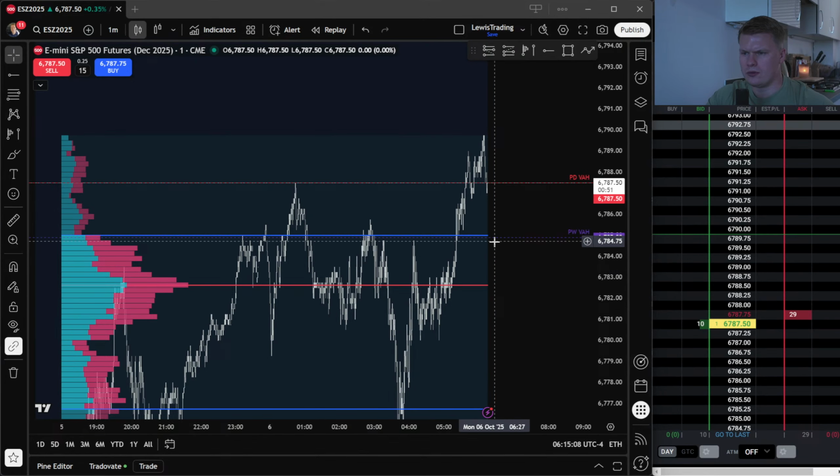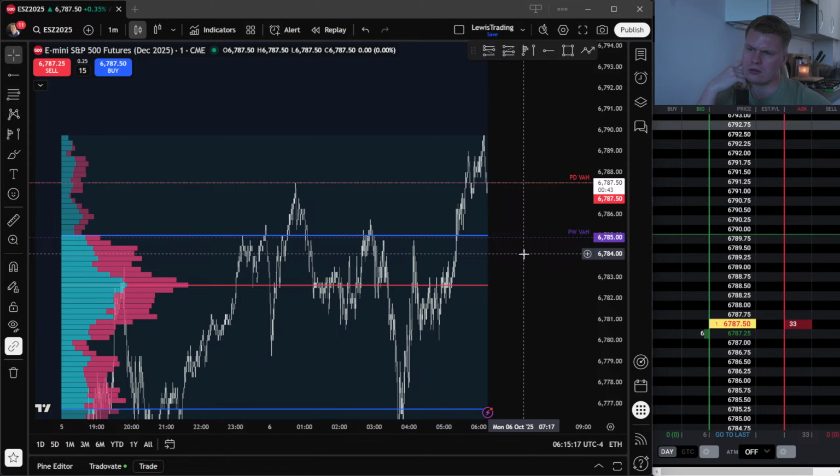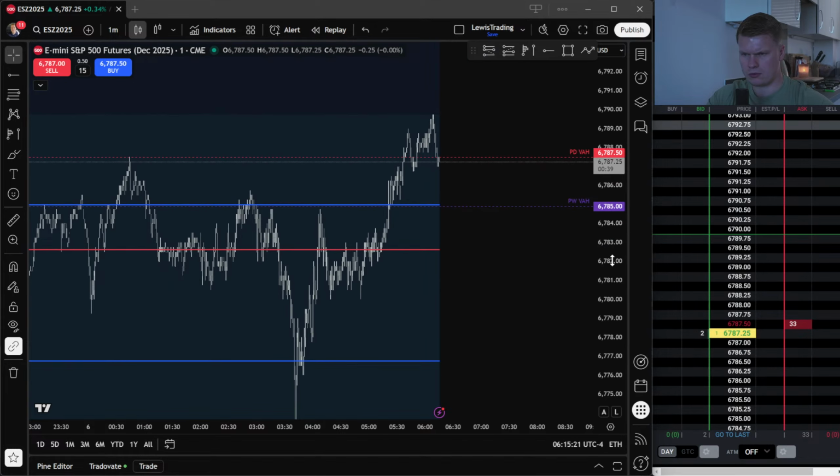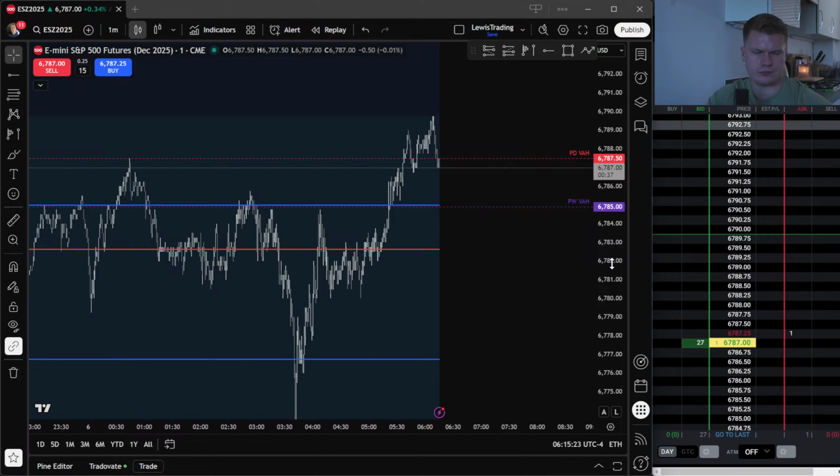Yeah, we would look for support at this area down here for a B plus, I would say. If we can get price back down to here, see what happens.